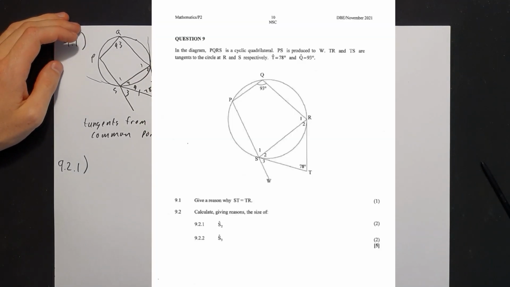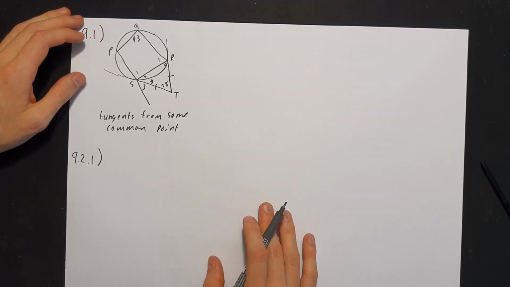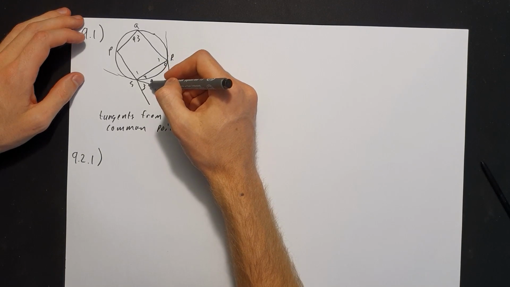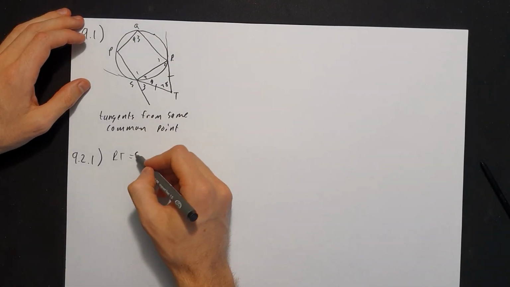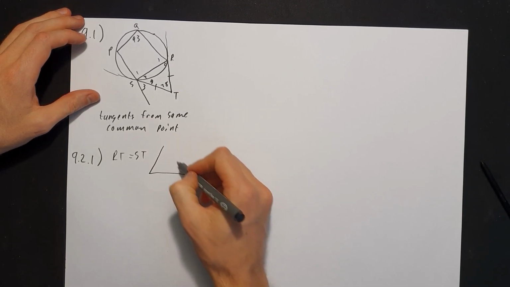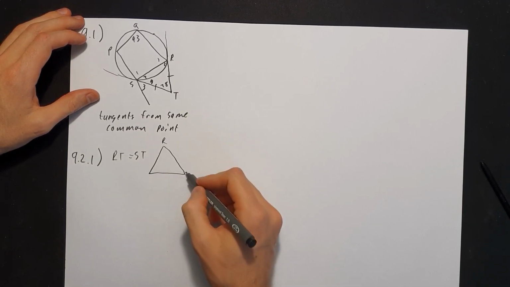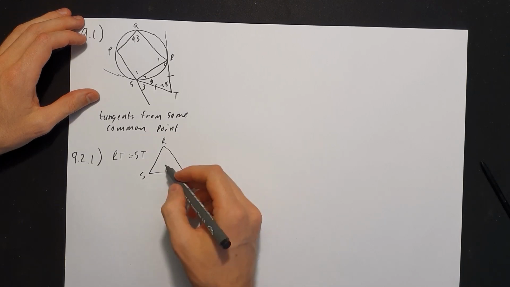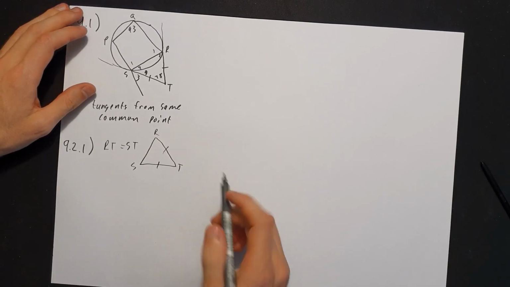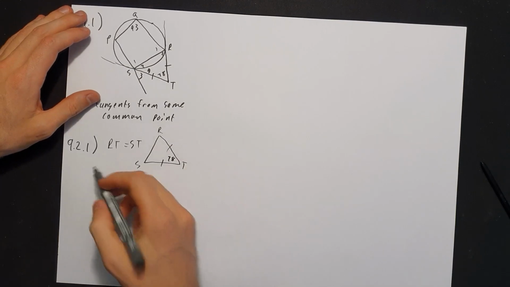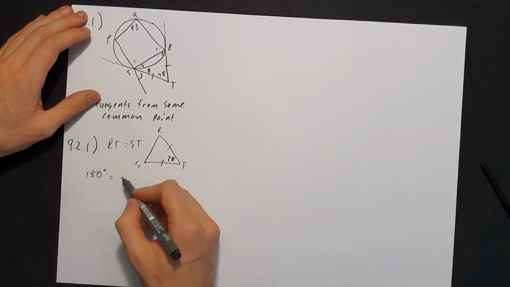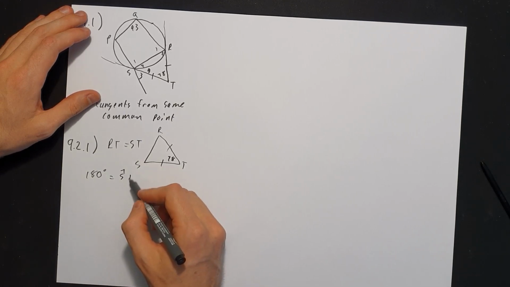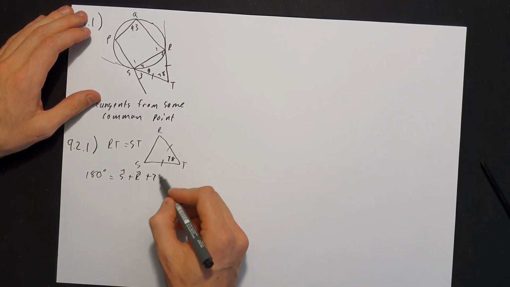9.2 says calculate and give reason for the size of S2. S2 is given down here. We've just found that RT equals ST. If we look at that triangle, we have RT and ST, and they are equal, so therefore this is 78. We know that angles of a triangle must equal 180 degrees. So 180 degrees equals angle S plus R plus 78.